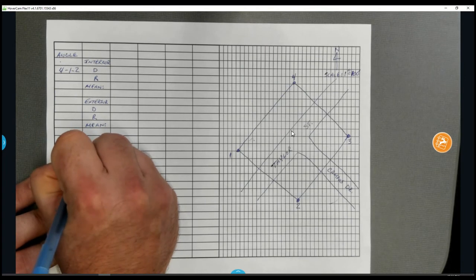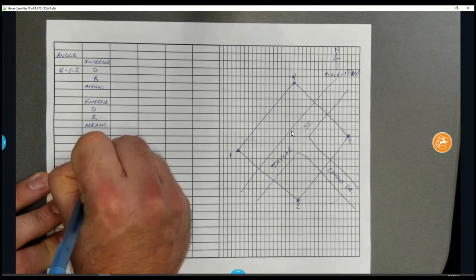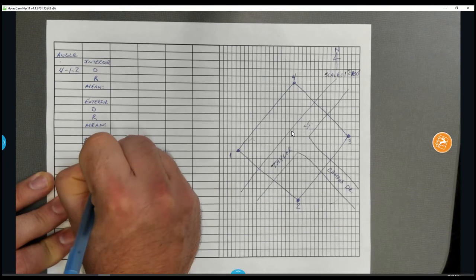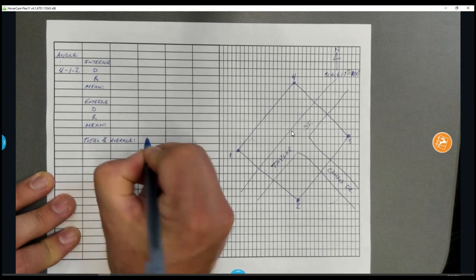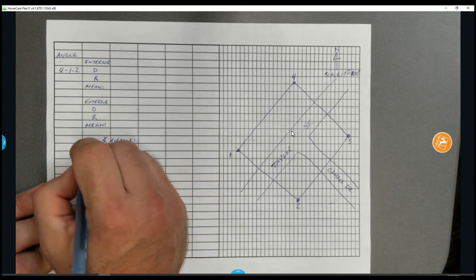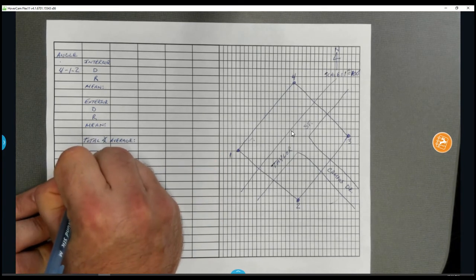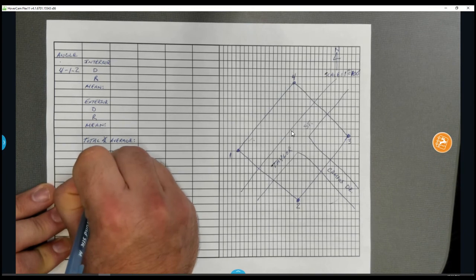We're going to have the total angle average, and then the adjusted average.